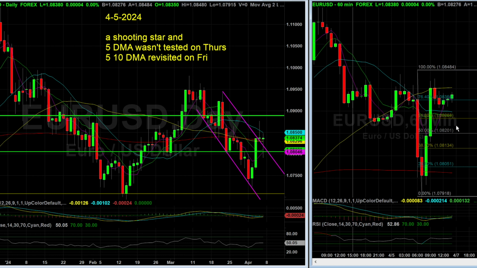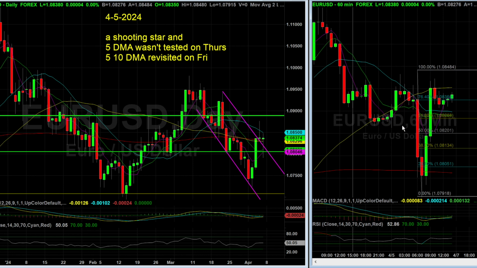So have to pay attention to this level, 5-day, and retracement on 60-minute chart. 50% or 38% retracement. These are very important levels. The range might be tight next Monday, Tuesday.